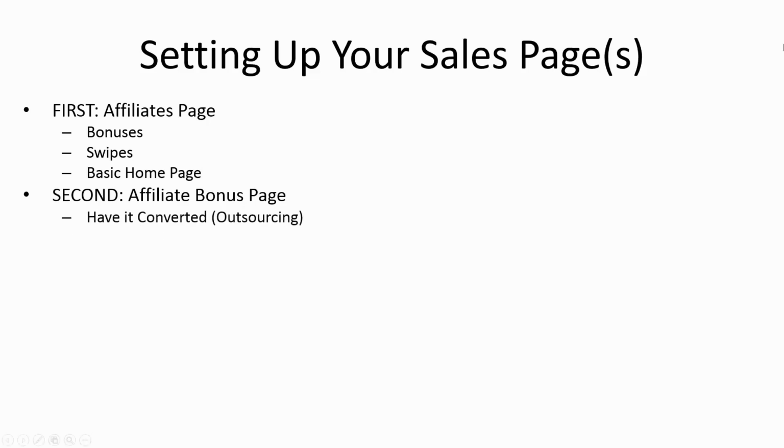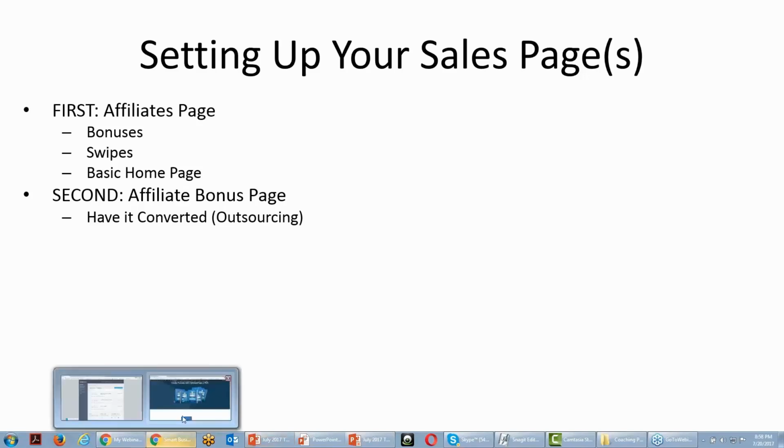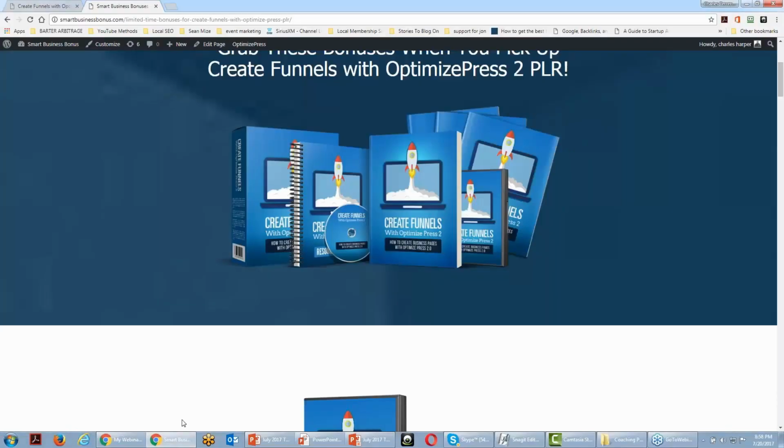Okay. Now there is one thing I do want to tell you about this: some affiliates do not have WordPress and they don't want to use your bonus page. So you're going to have to have your bonus page converted to HTML. I know a guy that does it for me for $15.